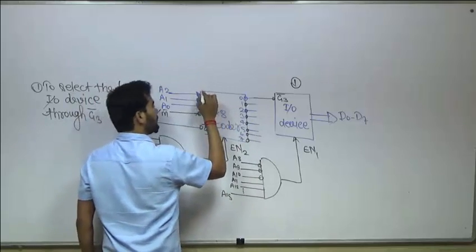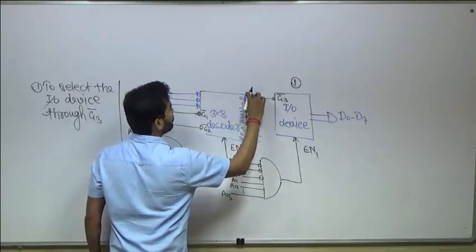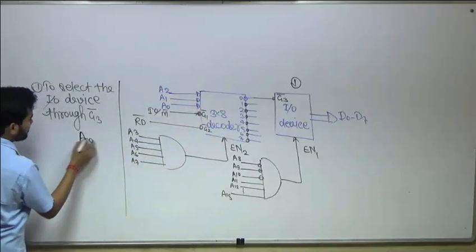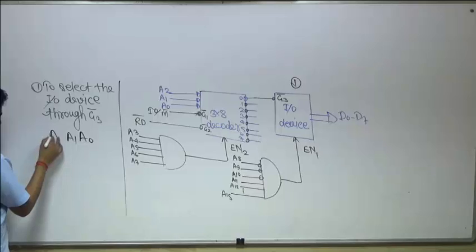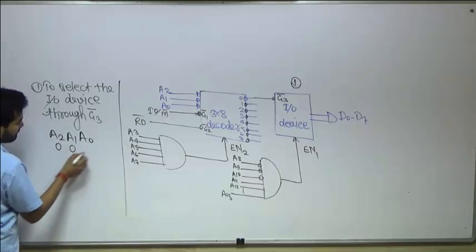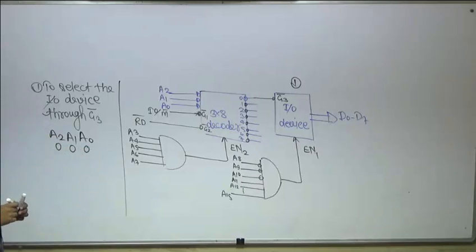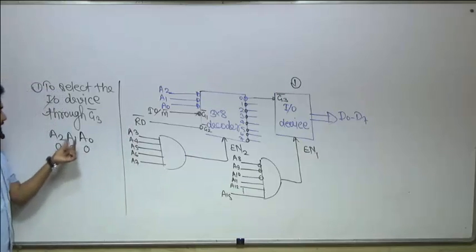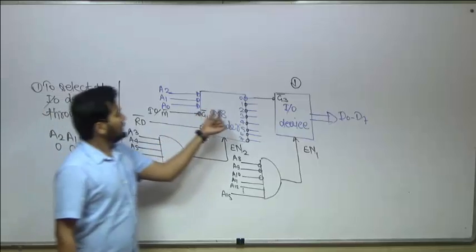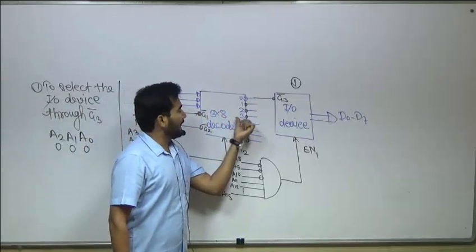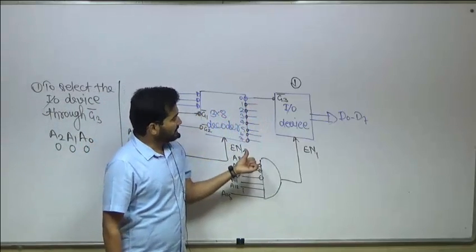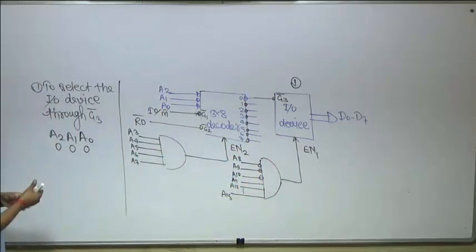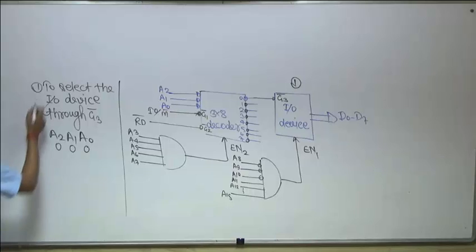For the decoder to have active low output at the 0 pin, A2, A1, A0, which are the inputs of the decoder, should be 0, 0, 0. We cannot change A0, A1, A2. If we change these address lines, then the decoder will have its active low output at some other pin. That means A0, A1, A2 have to be 0.